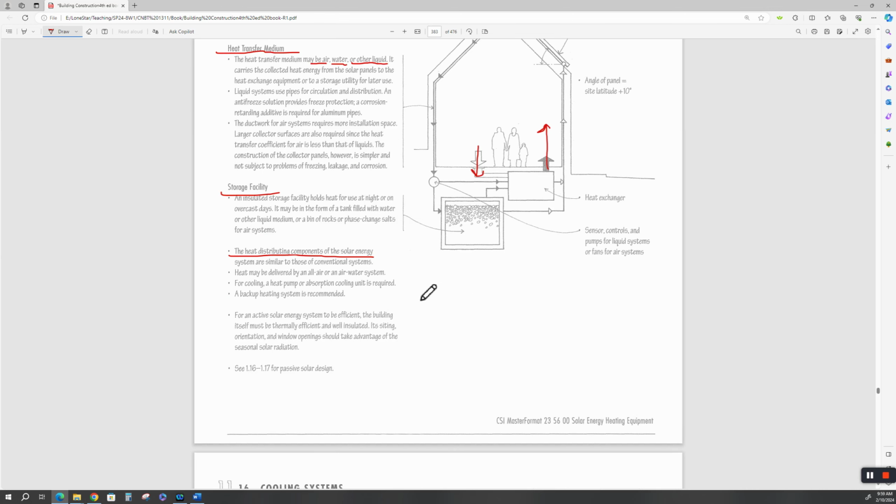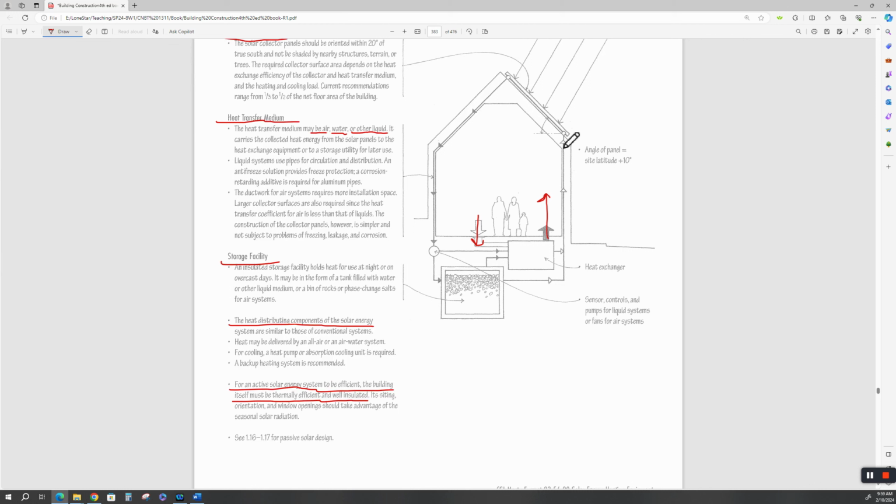All right, heat distributing components. We talked about that. For an active solar energy system to be efficient, the building itself must be thermally efficient and well insulated. Its siting orientation and window opening should take advantage of the seasonal solar radiation. Remember the sun angle we talked about, sun angle calculators in the site? You may get lucky and this will work for you.